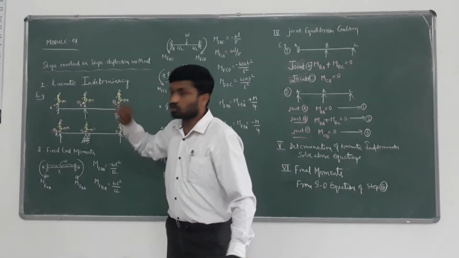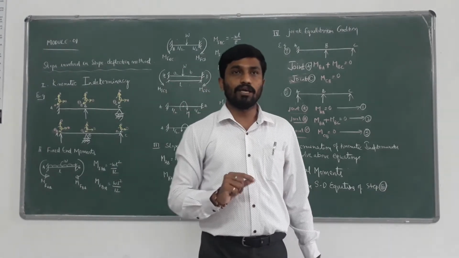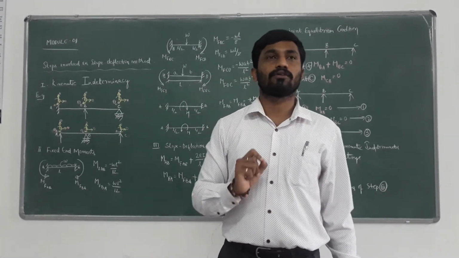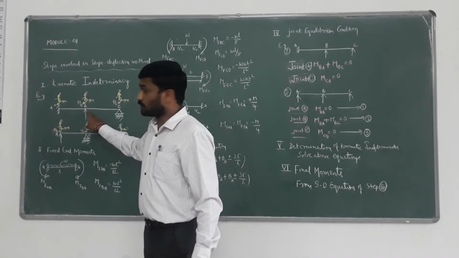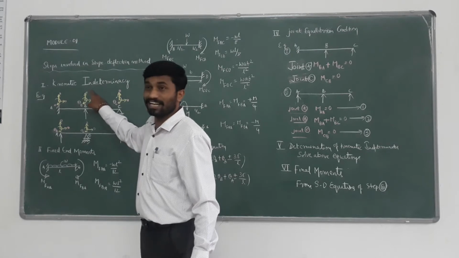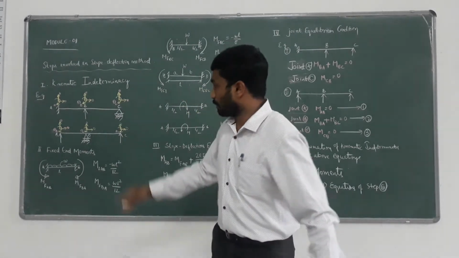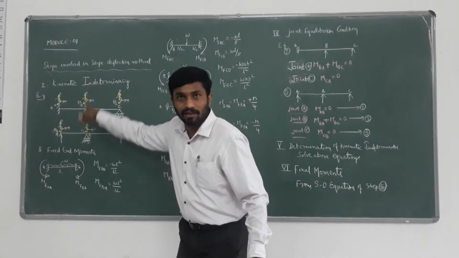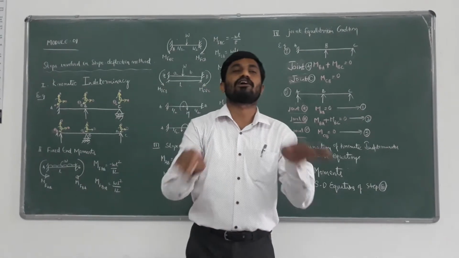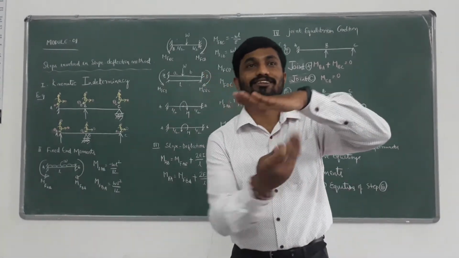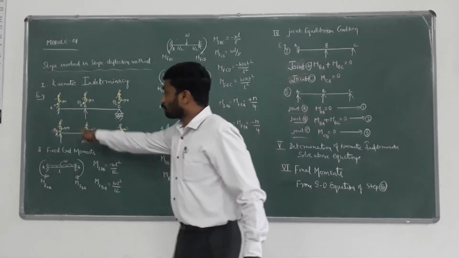Next, if you come to joint B, we are having a simple support. If you consider joint B, the possible displacements are two translations and one rotation. But because of the reaction, because of the vertical prop, the vertical displacement is not allowed. That reaction will resist the displacement in the vertical direction.